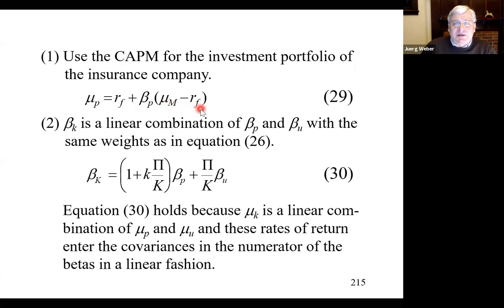Now this risk adjustment depends on beta p, the co-movement between the return on the investment portfolio of the insurance company and the market return. Then beta k is a linear combination of the other two betas, beta p and beta u. And it's actually the same linear combination we already had in equation 26, with the same weights.